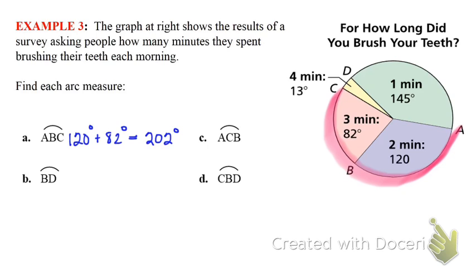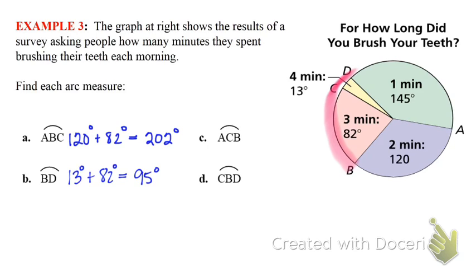Okay, this time let's take a look at BD. So BD is here. BD is going to be 13 degrees plus 82 degrees. So that's going to be 95 degrees.